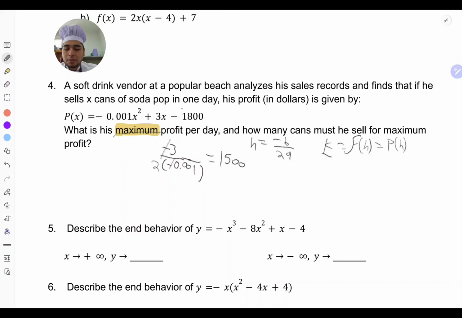So we get 1500 squared times 0.001, so we have negative 2250 plus 3 times 1500 minus 1800, and I get 450.